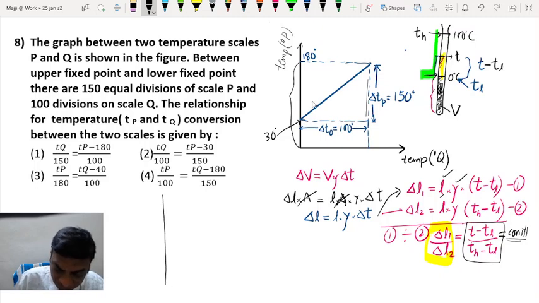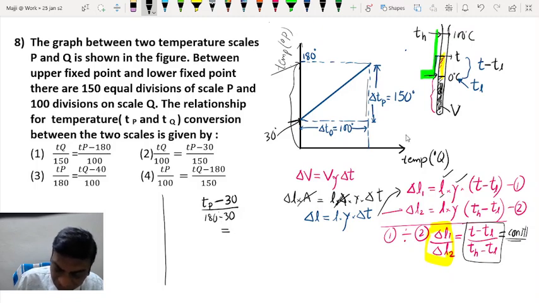So for temperature scale P, I can write temperature at P minus the 0 of P, which is 30, divided by the upper fixed point minus the lower fixed point, so 180 minus 30.